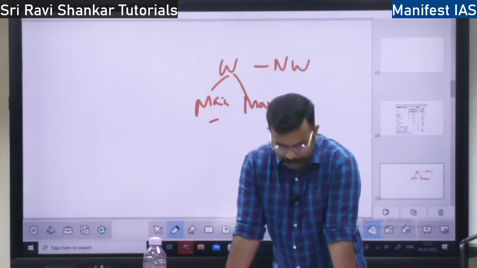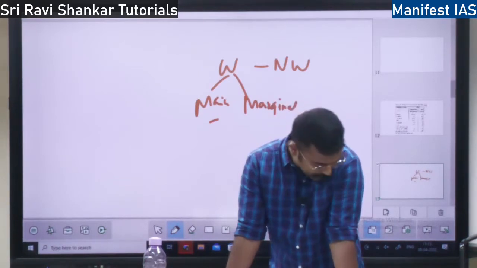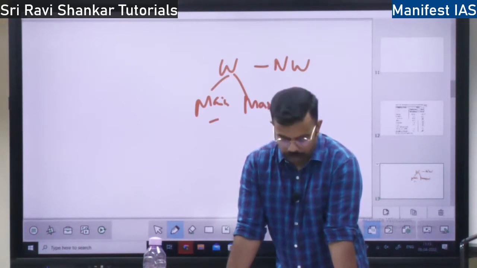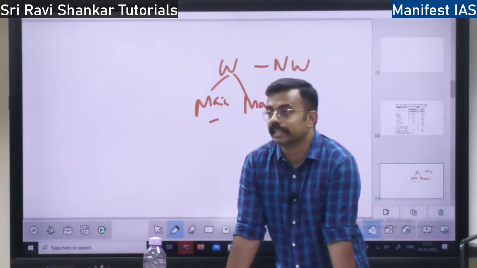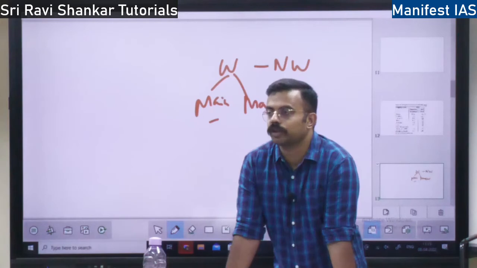So since 1881, when the first census took place, earlier they were measuring migration based only on place of birth. That is, if you are settling in Bangalore, but suppose you have come from Bihar, they will come to your house and ask your place of birth.